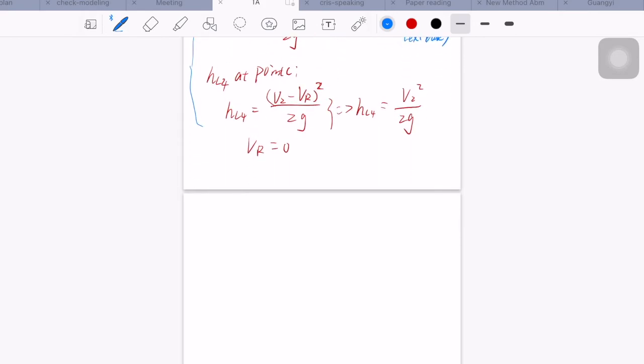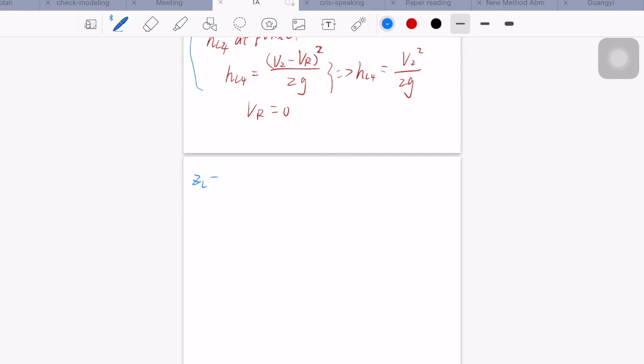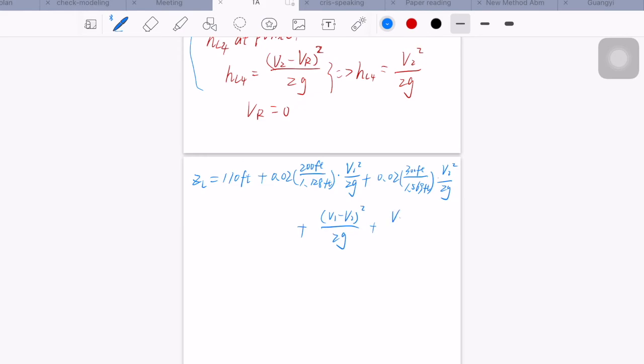So we can get that ZL should be equal to 110 feet plus 0.02 times 200 feet over 1.128 feet times V1 square over 2g, plus 0.02 times 300 feet over 1.569 feet times V2 square over 2g, plus V1 minus V2 square over 2g plus V2 square over 2g.